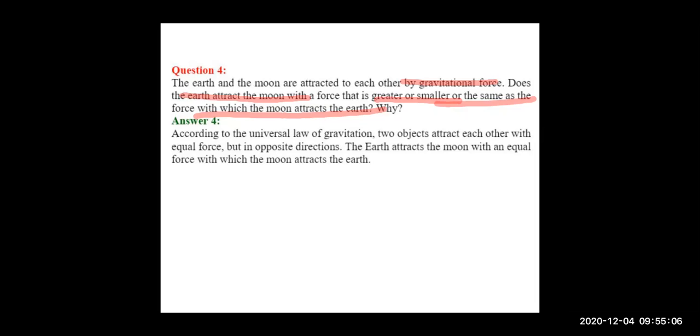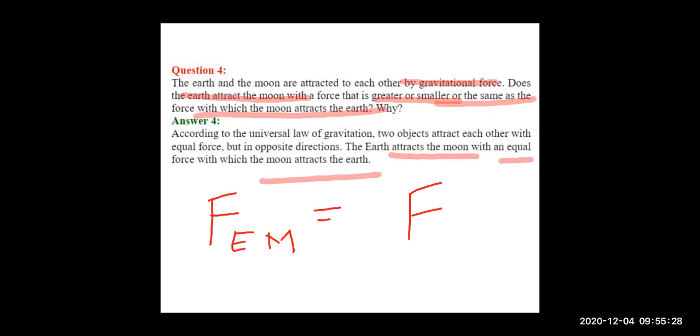So similarly, the earth attracts moon, yes, with the force which is equal to the force with which the moon attracts the earth. So both the forces, that is the force exerted by earth on moon, F for force, is equal to the force exerted by moon, M for moon, on earth.